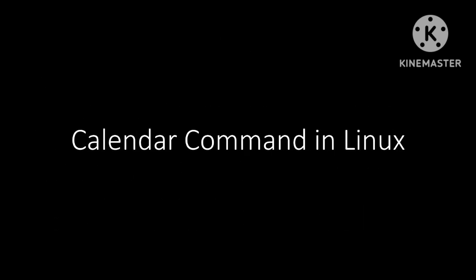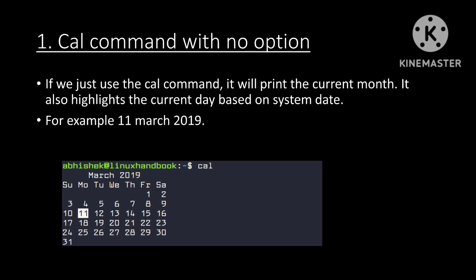Next, we discuss the calendar command in Linux. So first of all, to display the calendar of the current date based on the system date, you have to go to the terminal and type cal.